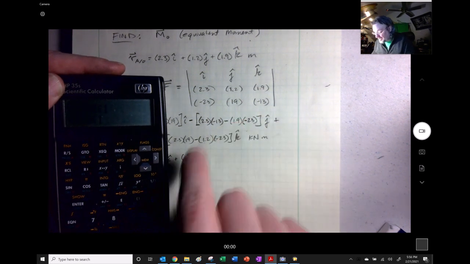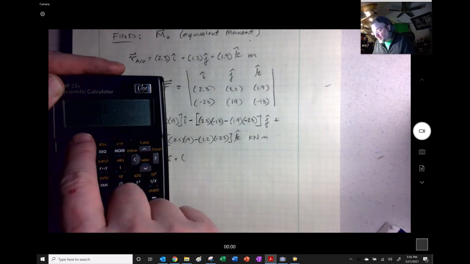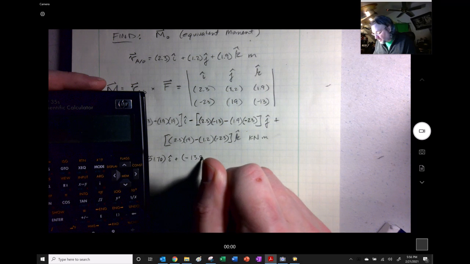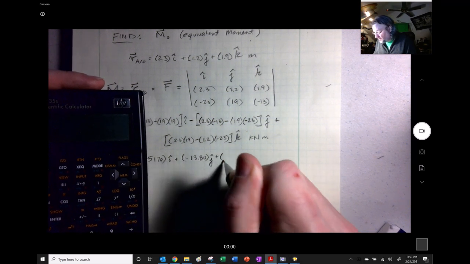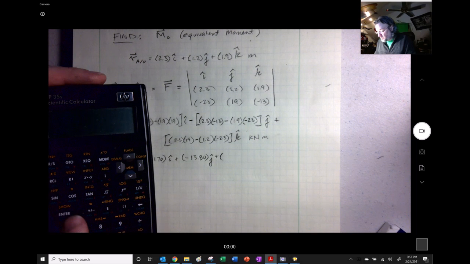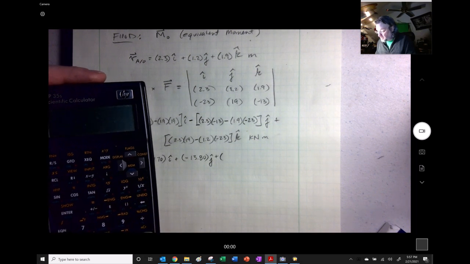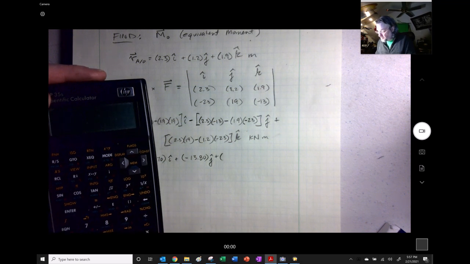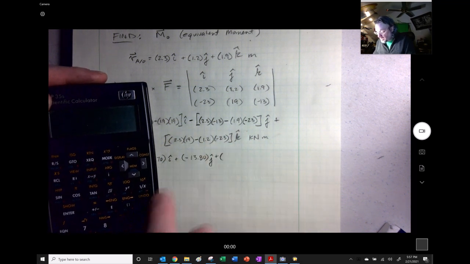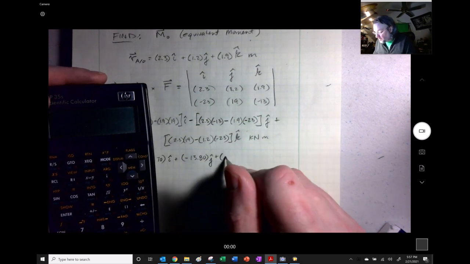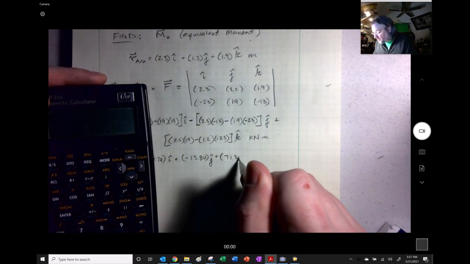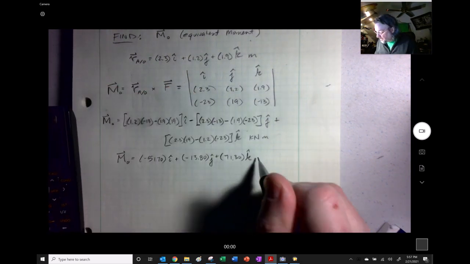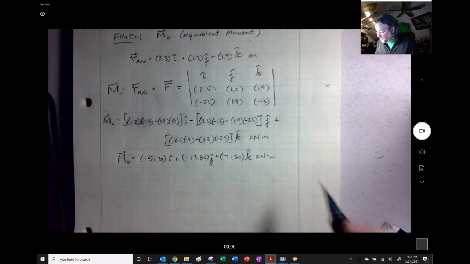So we're going to add that to the negative thing. And we see that we get 13.8, but it was negative. Negative 13.80 J, and then 2.3 and 19, boom, and 1.2 and 23 times, that's negative, so we can add those two together, and we get 71.30. There it is right there. 71.30 K kilonewton meter.